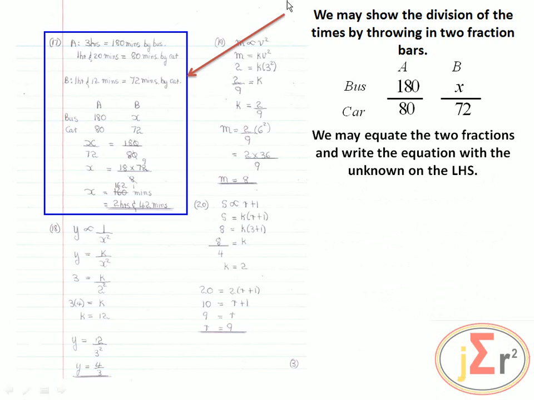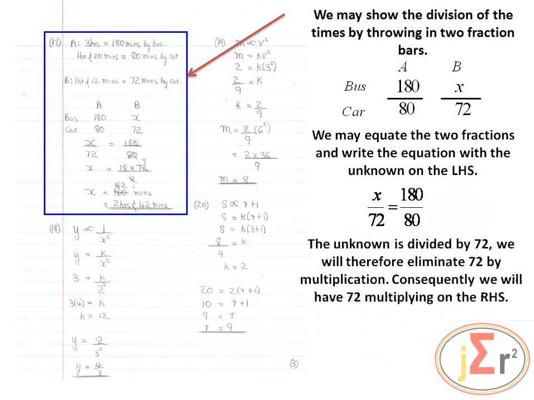Therefore, we may say that 180 divided by 80 is equal to X over 72. But we are opting to write the X on the left hand side. Therefore, we will write X over 72 is equal to 180 over 80. And that is our equation.